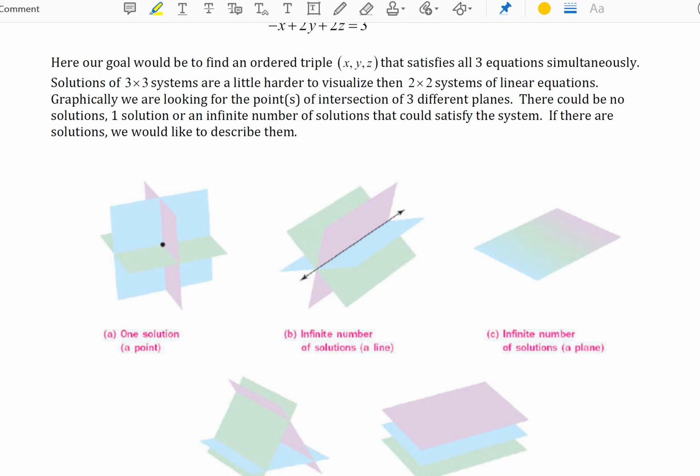In our first example, we looked at what a solution to a system of equations with one solution might look like. Graphically, we would interpret this as the intersection of three planes. And at the intersection, the ordered triple x, y, z, that would be the solution to our system.